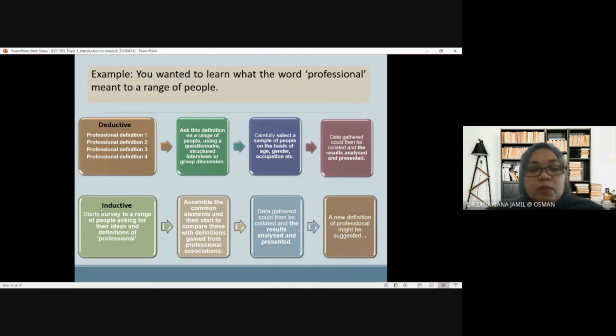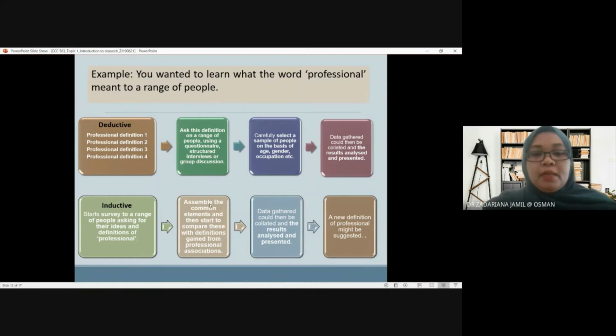If you do inductive research, you need to start a survey of a range of people, asking for their ideas and definition of professional. You have the word professional, but you need to start the research with a very large community. You don't choose several groups of people, you just ask randomly in the community.